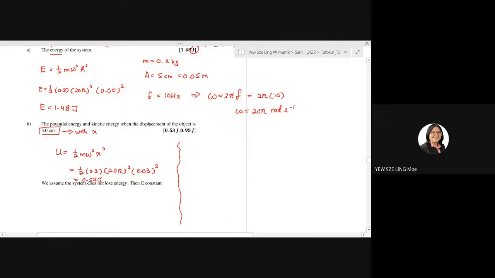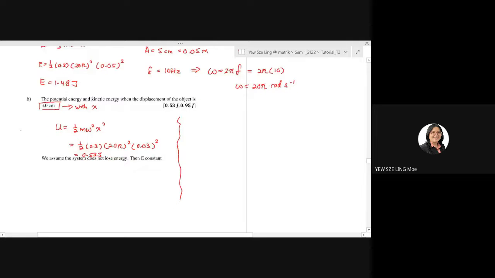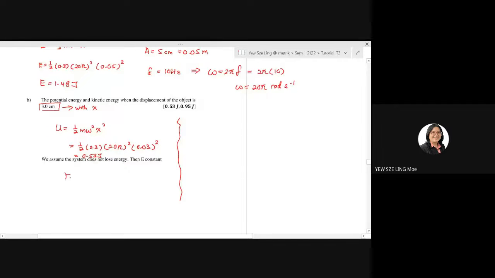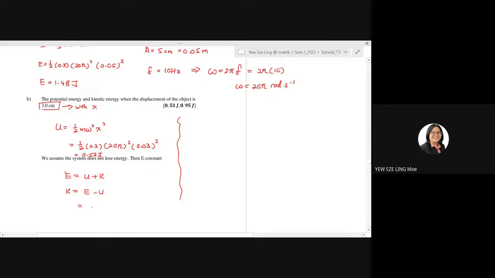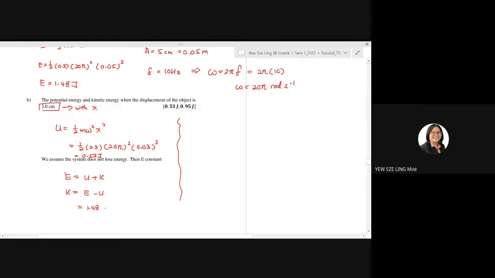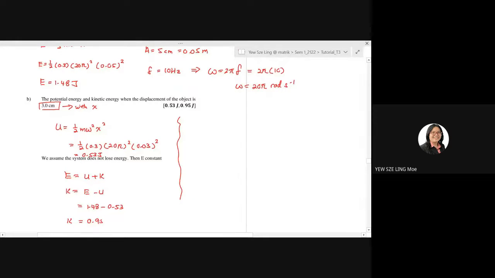If you have 0.53 joule, the shortcut that you can use is E equals U plus K. K equals E minus U, which is then equal to 1.48 minus 0.53, which then gives you K equal to 0.95 joule. This is if you calculate U first.